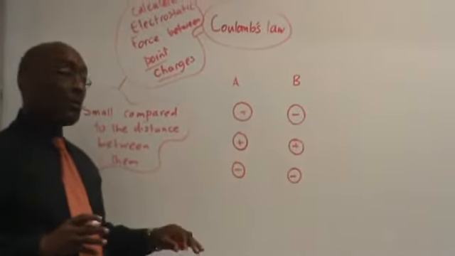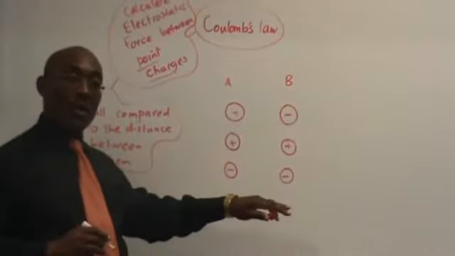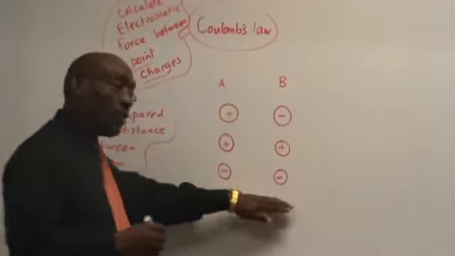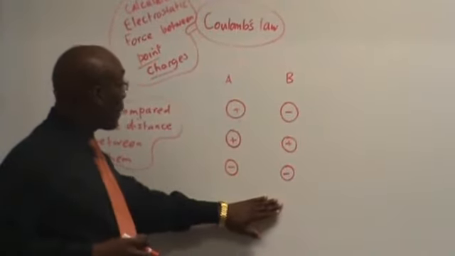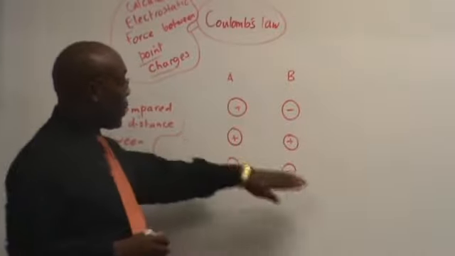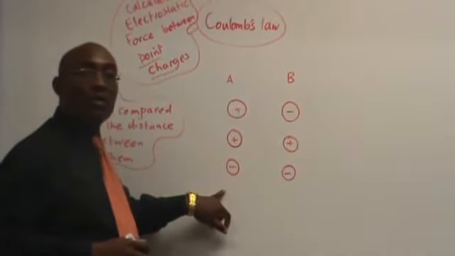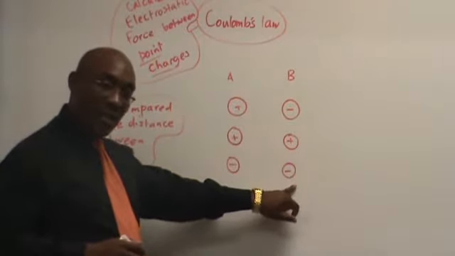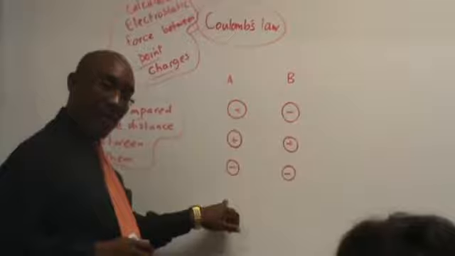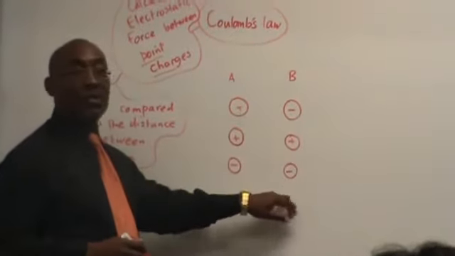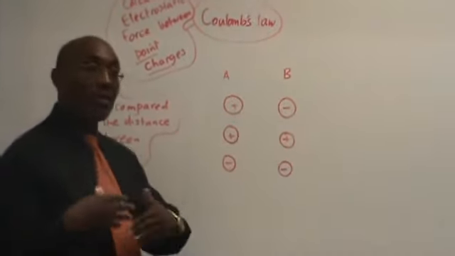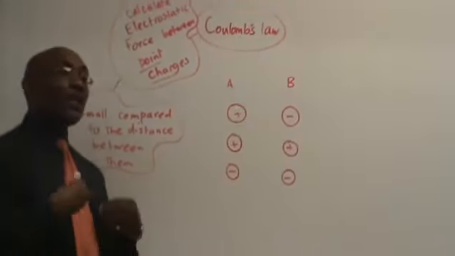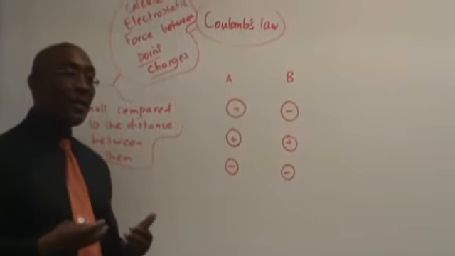Coulomb's law has to take these characteristics into consideration because we're going to be calculating the forces between both charges. Let's say this is charge B and that's charge A. We are going to be calculating the force by B on A, or the force by A on B. You know that each of these charges exerts force on each other, right?